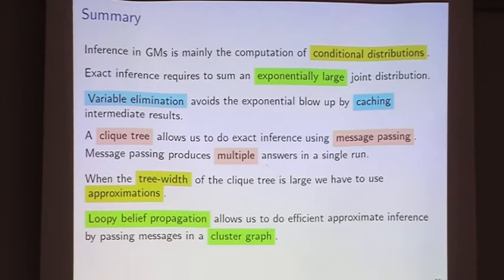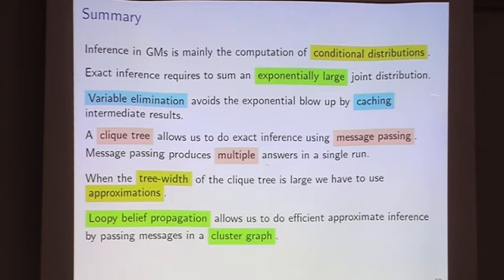Just a summary of the whole thing. We have seen that inference in probabilistic graphical models is basically the computation of these conditional distributions. Exact inference will require summing an exponentially large joint distribution, and by using the variable elimination method, we can do computationally efficient operations by caching the intermediate results.